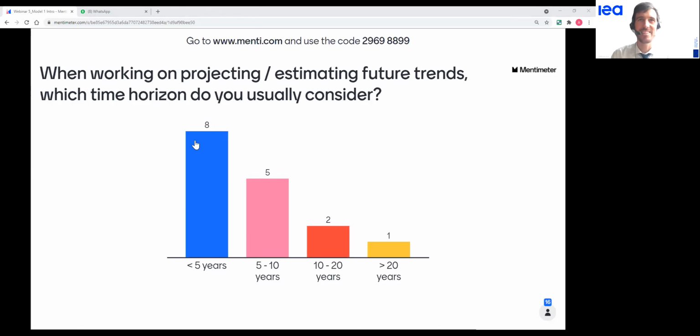Okay, so we have a very nice spread of most people using short-term, below 5 years time horizon, but also some of you are looking longer term.